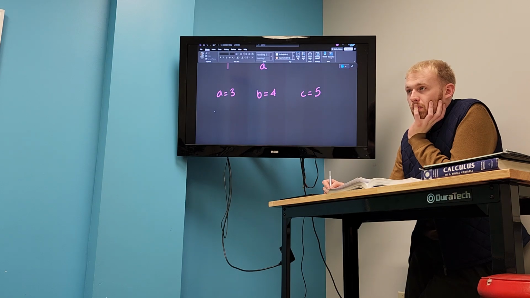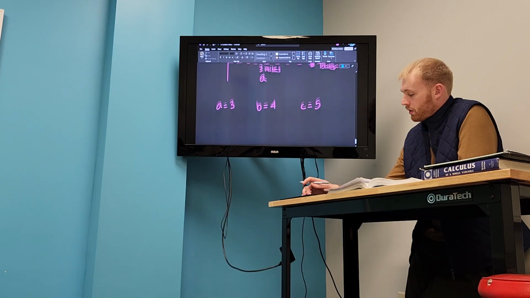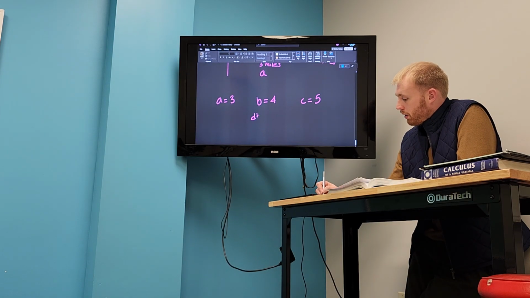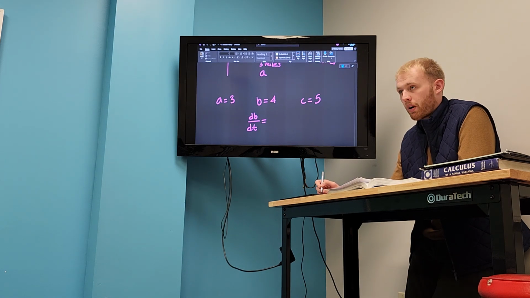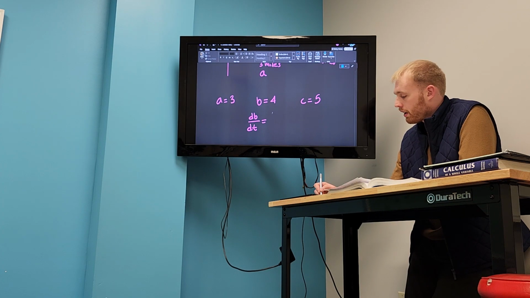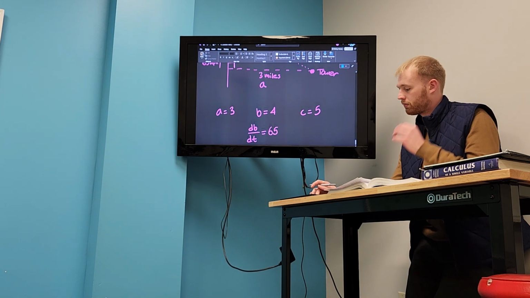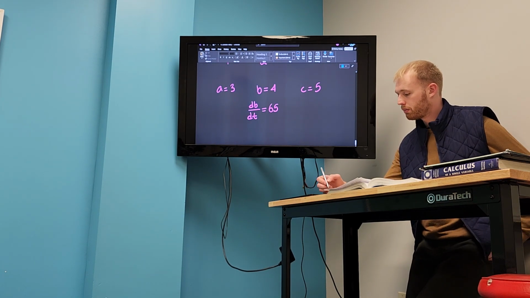C prime we don't know, but B prime is 65 miles per hour. So with related rates, we're always going to choose to use Leibniz notation, but it really is the same as B prime. We know that the rate of change on the side B there is 65 miles per hour. Okay? All right, so we got that one.